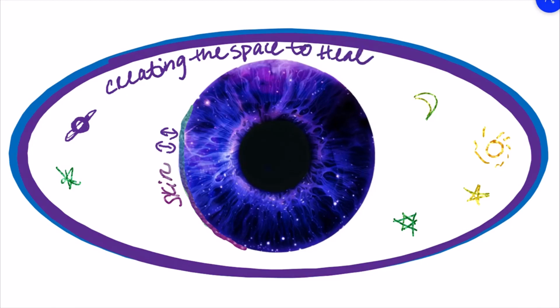And this is your space. We're talking about this whole area around the iris, which is your physical body, the microcosm of the macrocosm. Then we're looking at the sclera, the white part of the eye. I've drawn in a few little objects already. This is sort of like your galaxy.